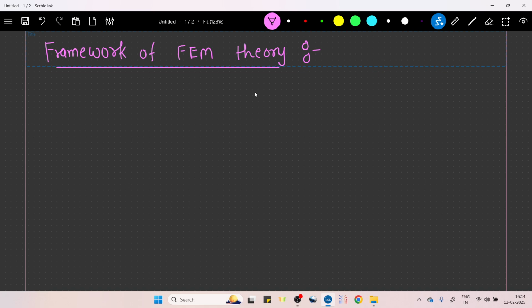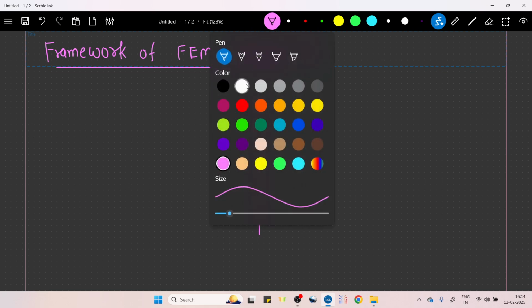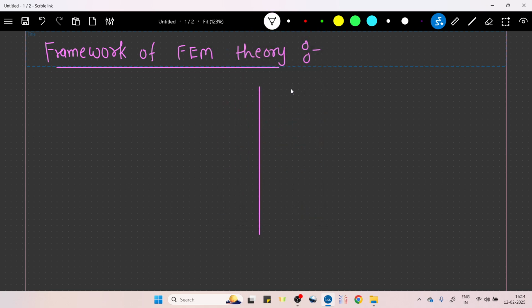Okay, so previously we have seen the FEA algebraic equation using solid mechanics, right? So we have got something like this: 1, -1, -1, 1.